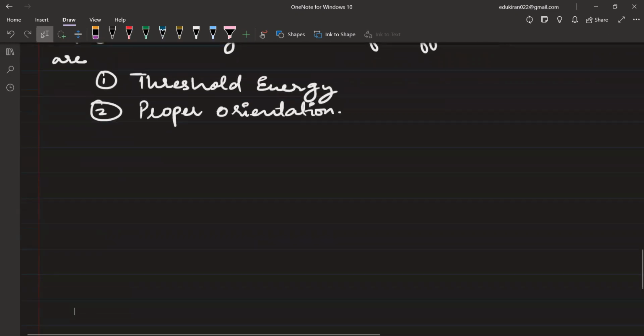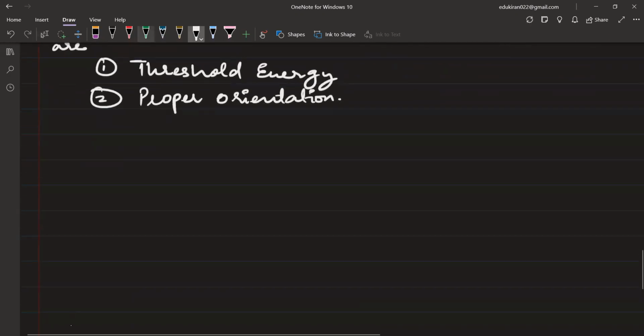Regarding the threshold energy, you must have seen some curve which is known as the Maxwell-Boltzmann distribution.